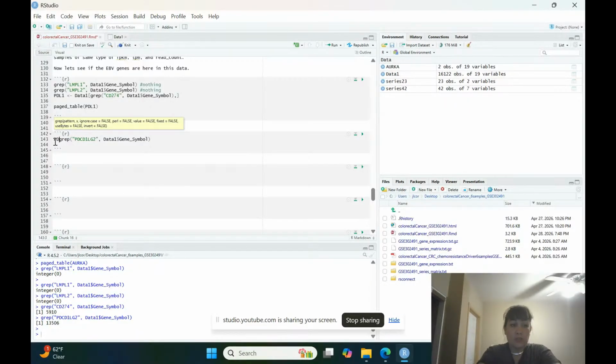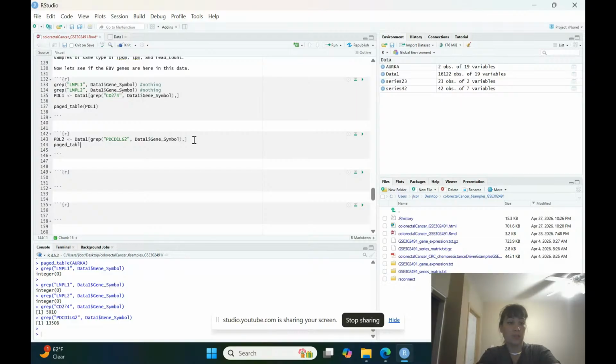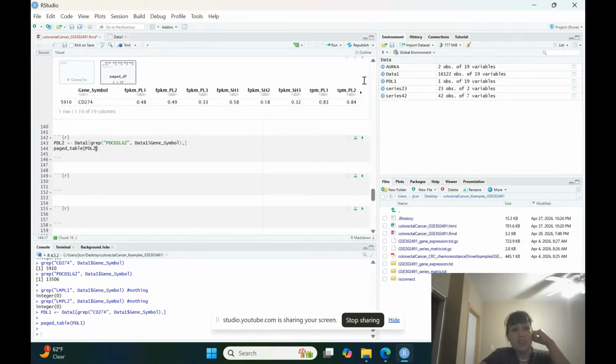This one's going to be PDL2, and page table PDL2. So we'll go ahead and look at that. Okie dokie, CD274.